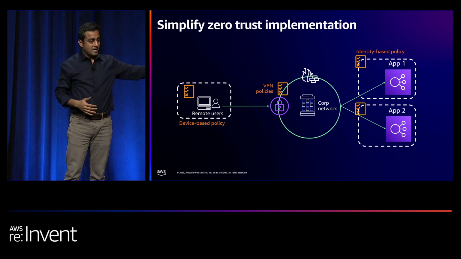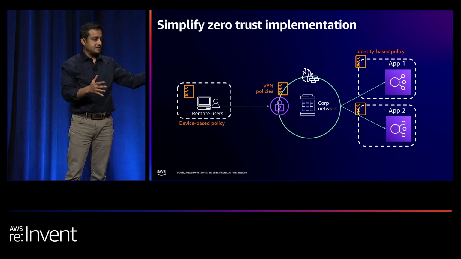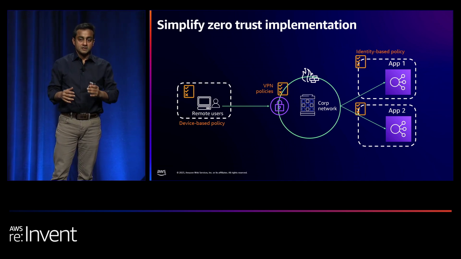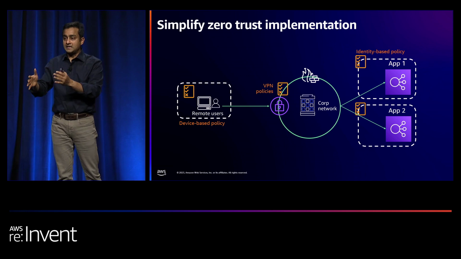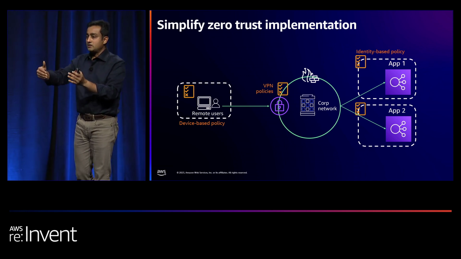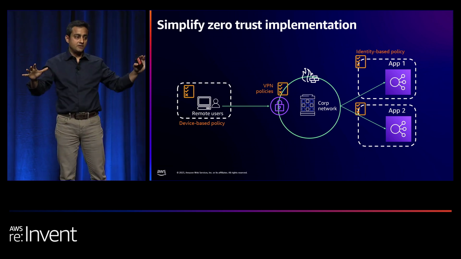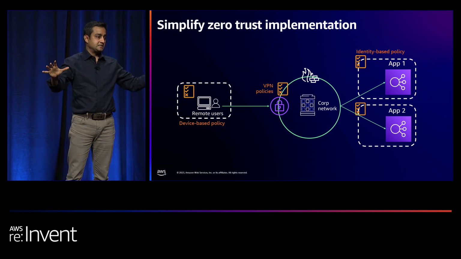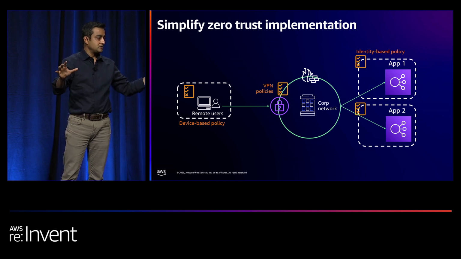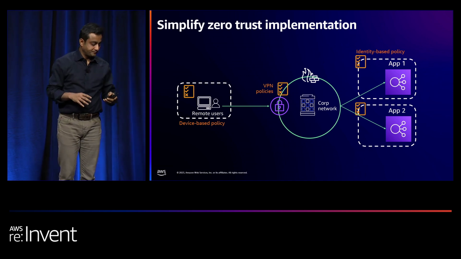Then you have the networking team who are managing VPN policies on who can onboard to the network. Then with the help of the IT team, you are deciding under what condition a device is compliant and when it can join the network. So at the end of the day, you have at least 3 sets of policies managed by 3 sets of teams. And in case you want to roll out a new application or make a policy change, it can take days and weeks.